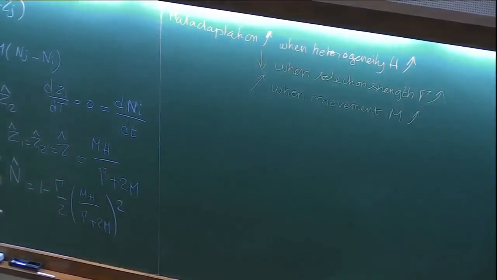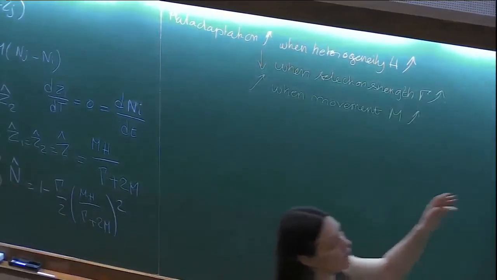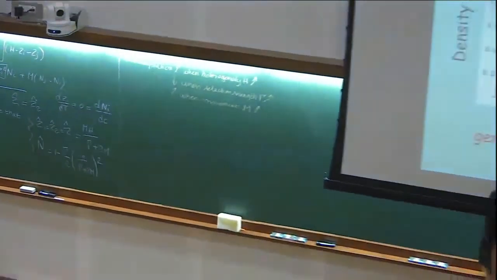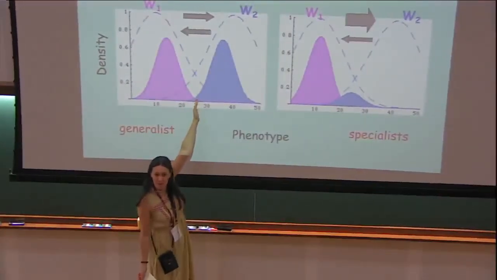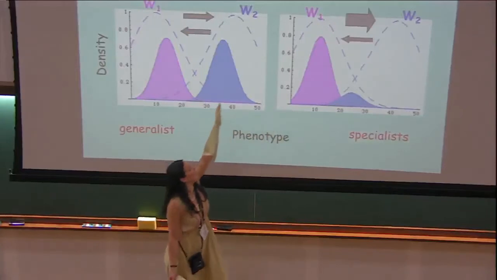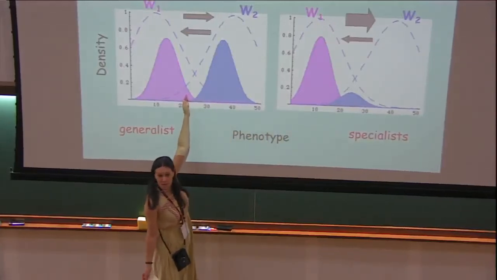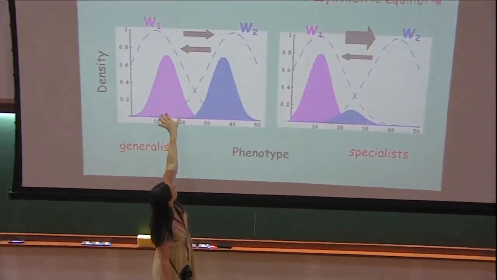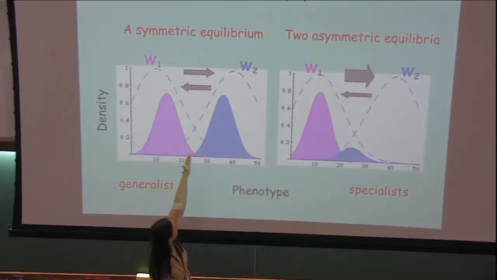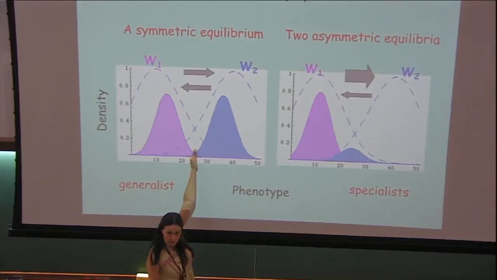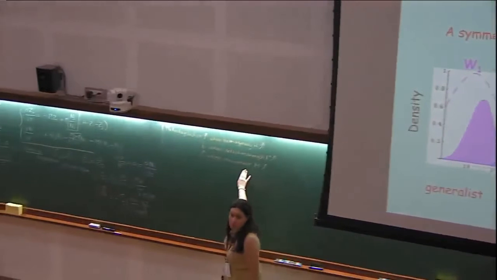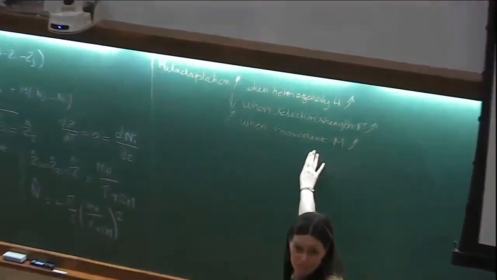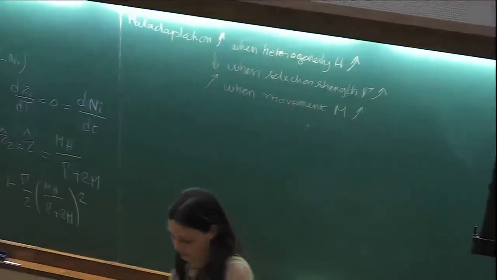Okay? And it's also trivial because we rescaled everything. You can't really be further from your optimum than the mid-distance between the two optima in the symmetric equilibrium. It's not true in this one. But here, if you've got the same degree of maladaptation in both habitats, the maximal distance between your optimal phenotype and your realized optimum is if you sit just in the middle. So migration is always making things worse in this model, for the generalist.